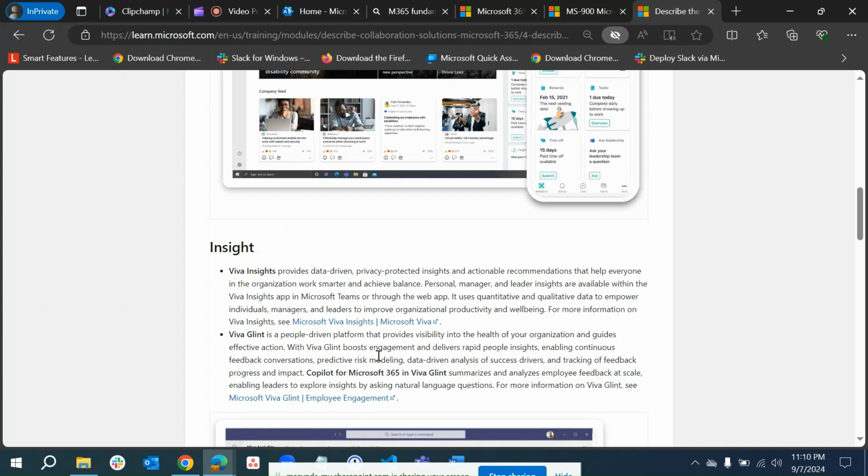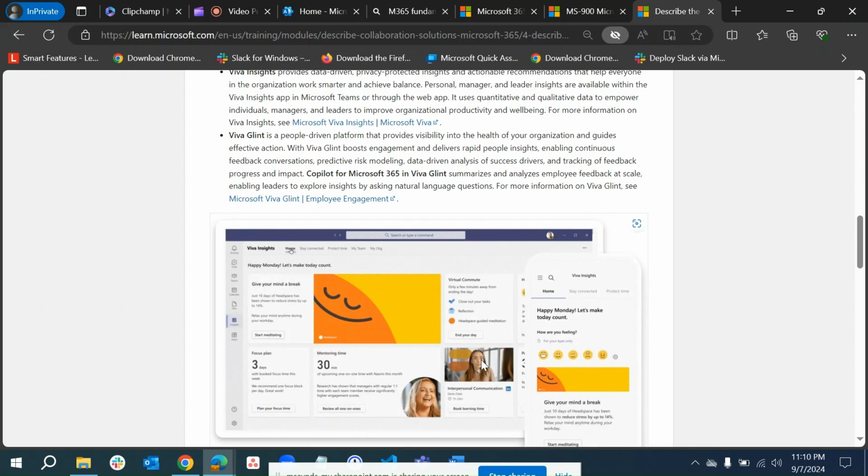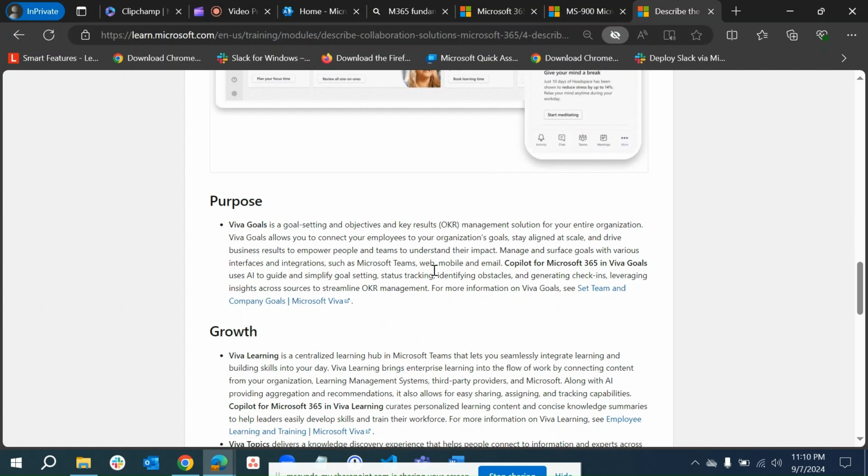Viva Glint is a people-driven platform that provides visibility into the health of your organization and guides. So it totally depends on the organizations, as well as how people are engaged with the different teams and different groups of people and different organizations within the company. So all of that would be shared. Goals is the goal setting as well as objectives and key results management solution.